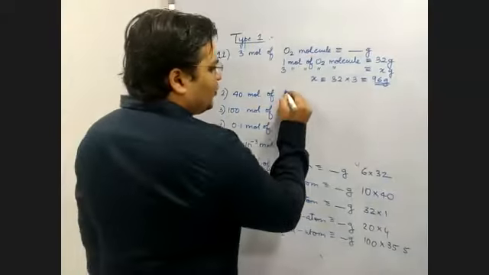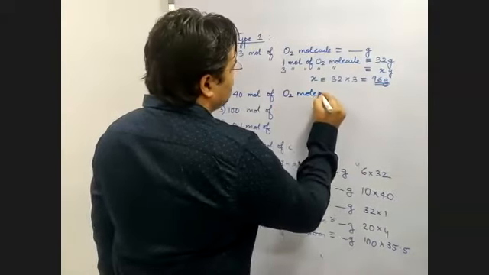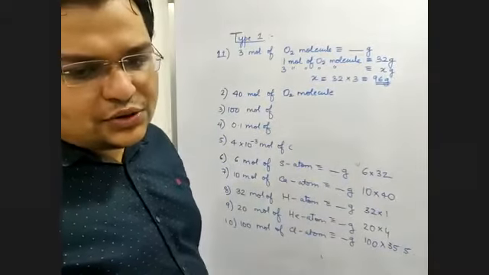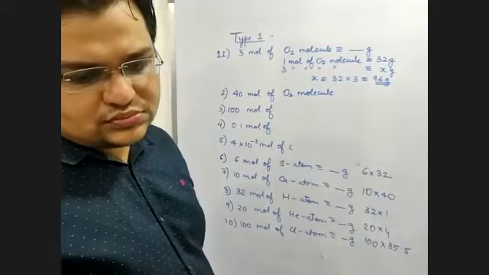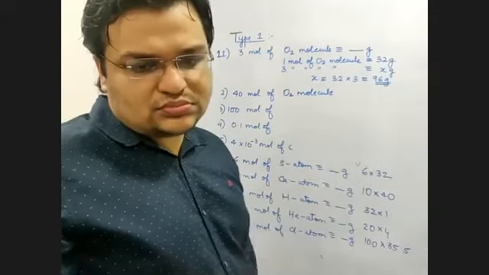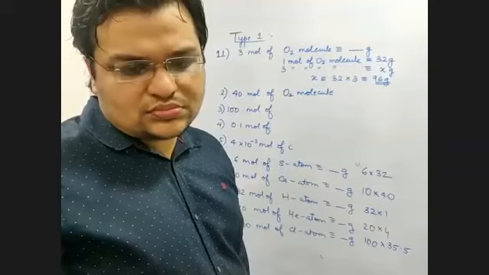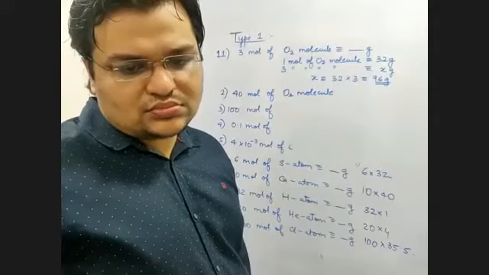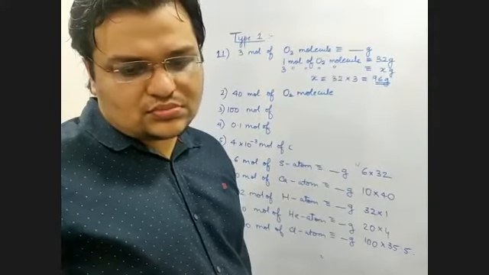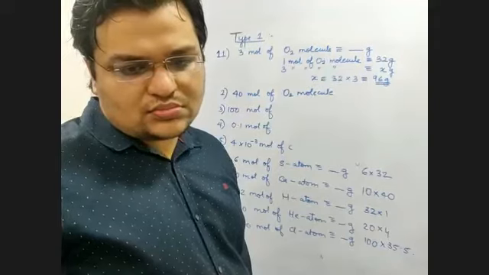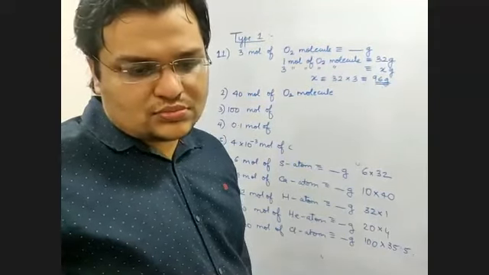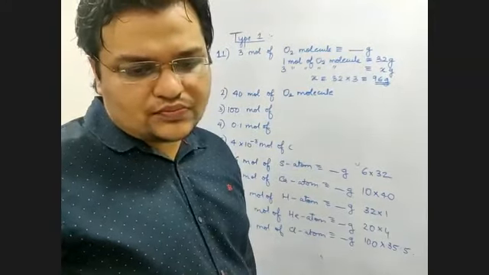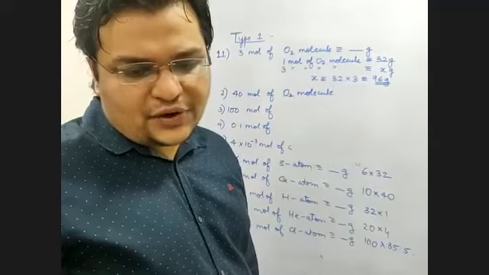Next, 40 mole of O2 molecule. You get 40 into 32.